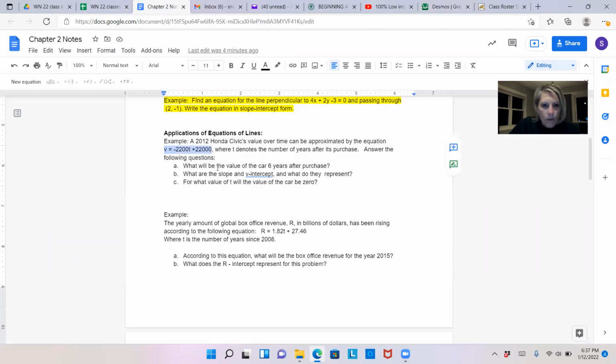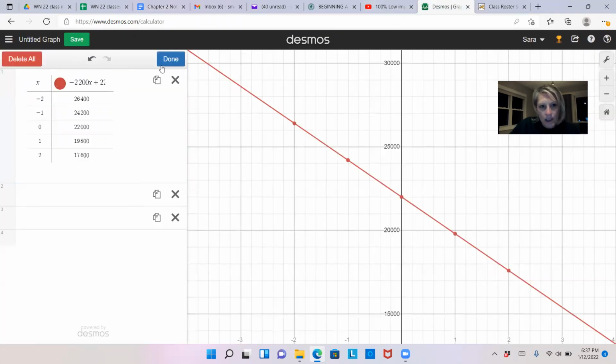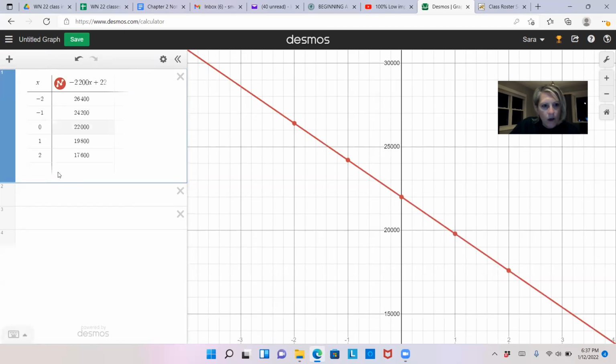So it says, what will be the value of the car 6 years after purchase? And T is the number of years. So I'm looking for when T or X is equal to 6. So I'm going back to Desmos, and we've created a table using the gear here. So I can just go to my table and put in 6 for T, and it tells me that the value is going to be 8,800.